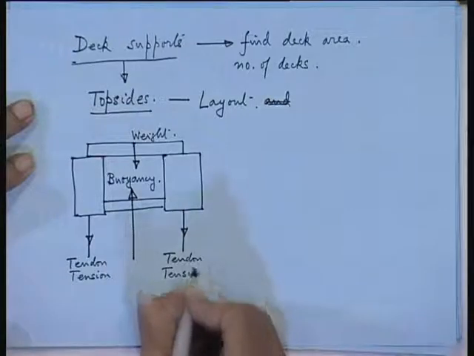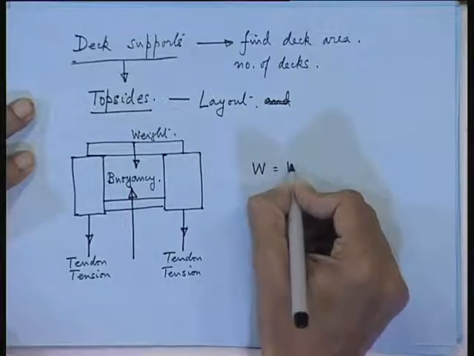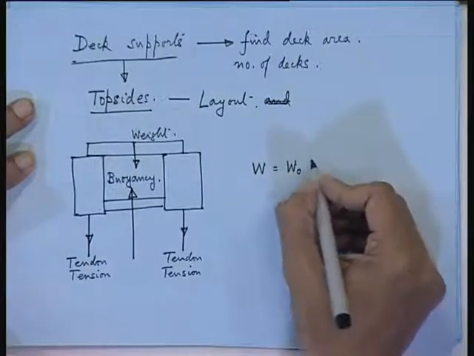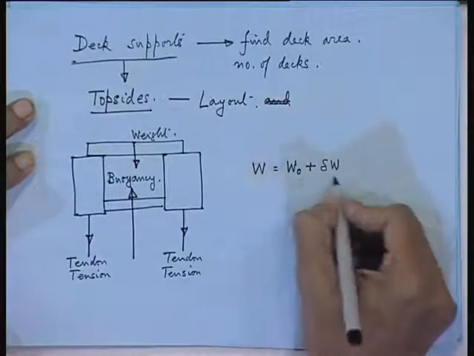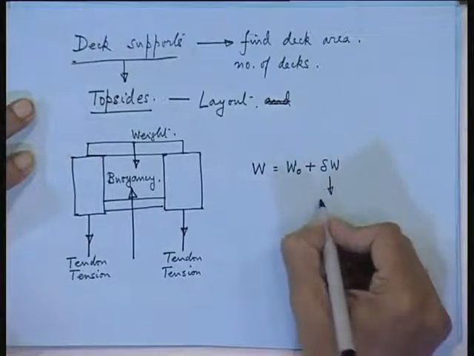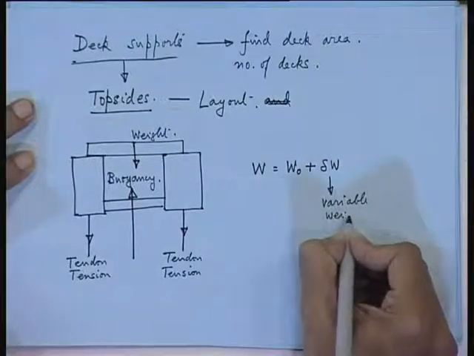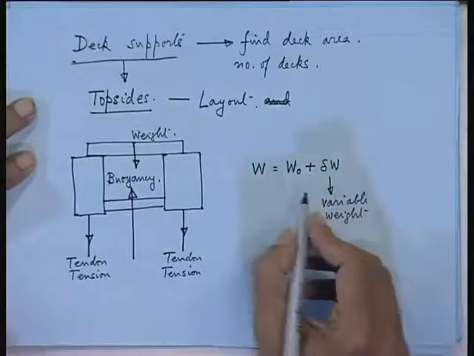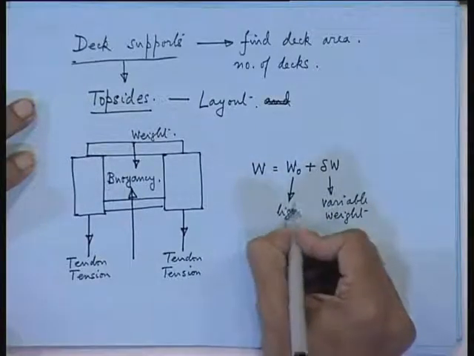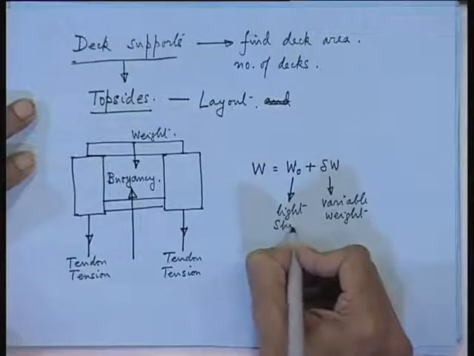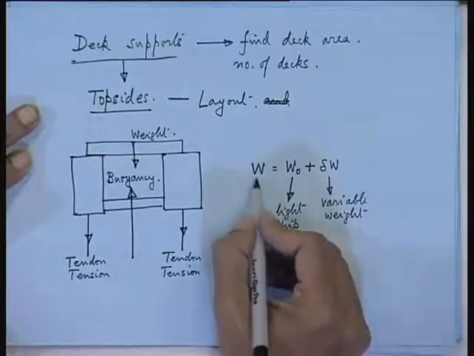So, what we find is that total buoyancy is equal to W naught plus delta W, where delta W is your variable weight, and this W naught they call light ship. This is your total weight and this is your buoyancy.